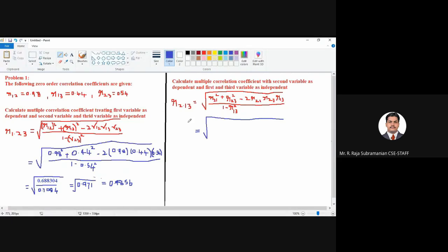So I take 0.98 squared plus R23, 0.54 squared, minus 2 into the same thing again 0.98, 0.54, that is R23, next R13 is 0.44.